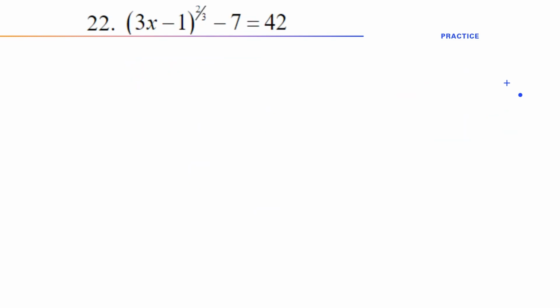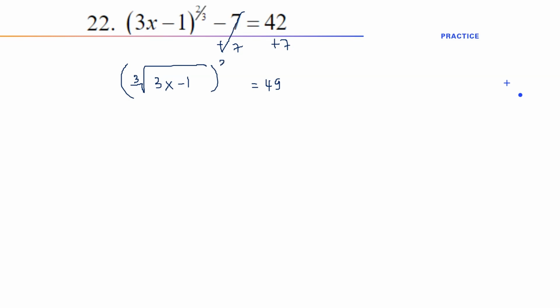Similar to this question, but the thing is we have a like term right here, so we have to add 7 to both sides. So this one 0. On the right hand side, that's 49. We rewrite this one. The denominator is 3, that's the cube root of 3x minus 1.